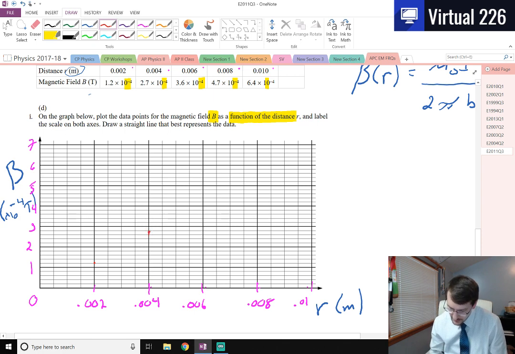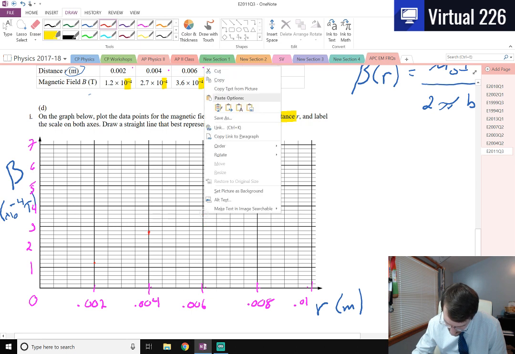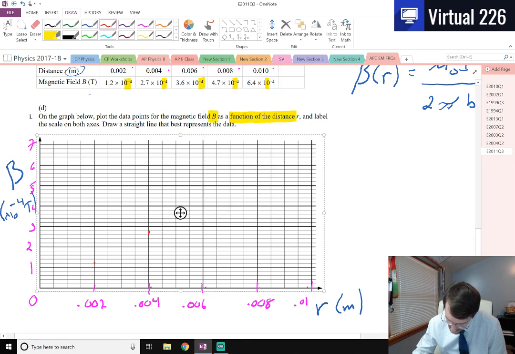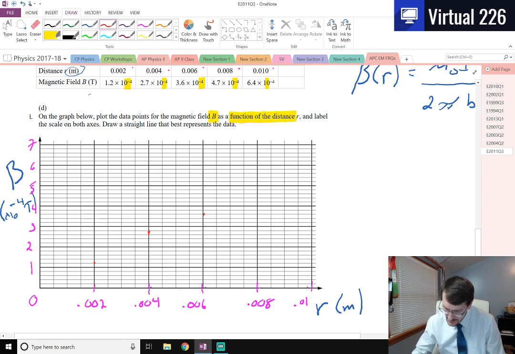For 0.006, we're at 3.6, so that's 3, 2, 4, 6. For 0.008, we're at 4.7, so there's 4, 2, 4, 6, 7's about there. And for 0.01, we're at 6.4, so 6, 2, 4.